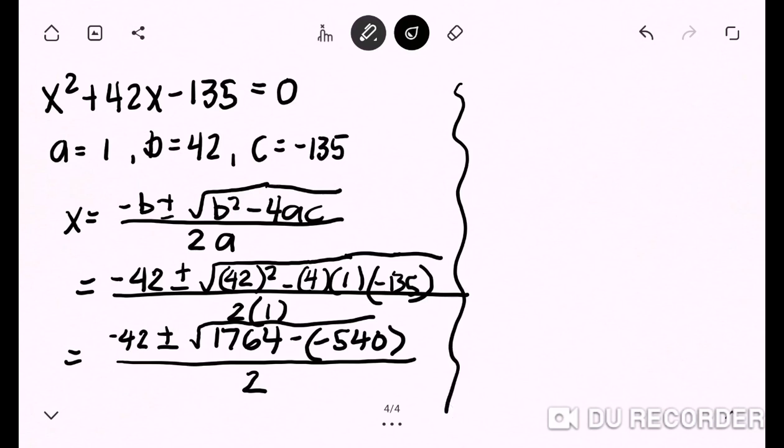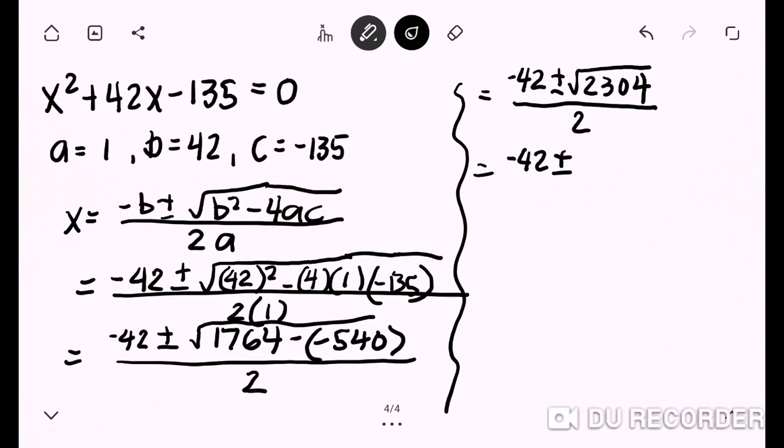So we have negative 42 plus or minus square root of 2,304. So that is the result when we subtract negative 540 to 1,764, all over 2. So square root of 2,304 is equal to, ito ay pwede na natin gamitan ng calculator. So this is equal to 48 all over 2.